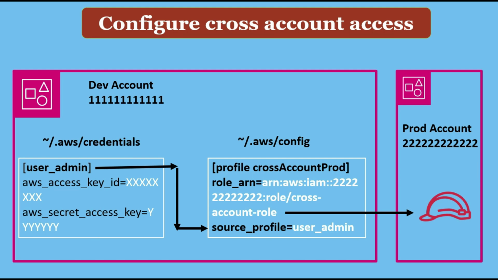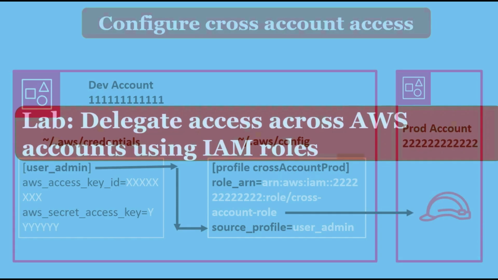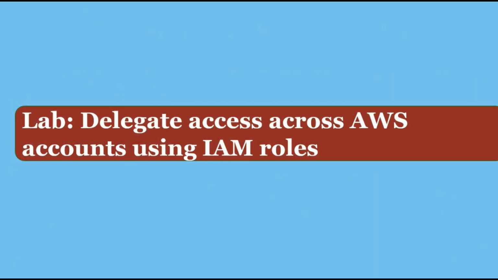So that way we don't have to create one single role, and instead we can create multiple roles, each specific to the resources that are required to be accessed by user_admin in the dev account. So now let us understand in a lab how this exactly works in action.